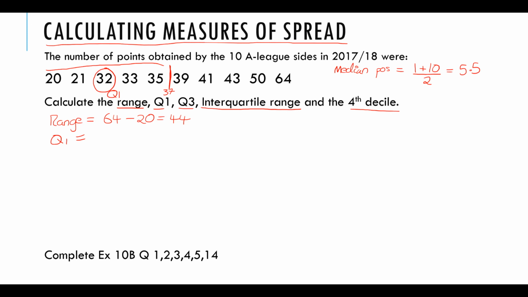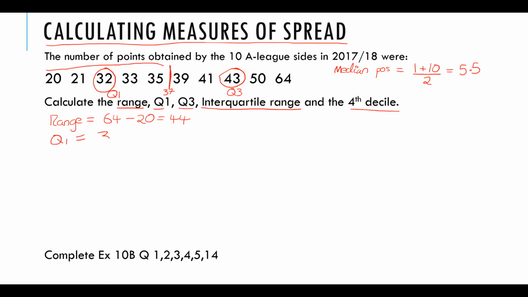And we can do the same thing with the list on the right. It'll be the third piece of data in the list. 39, 41, 43 is Q3. Once again, some people prefer just to cover up the numbers until they've got an equal number on either side. You can do that as well if that works. This is the sort of mathematical definition that you'll see the most often. The idea of the position is halfway between first and last.